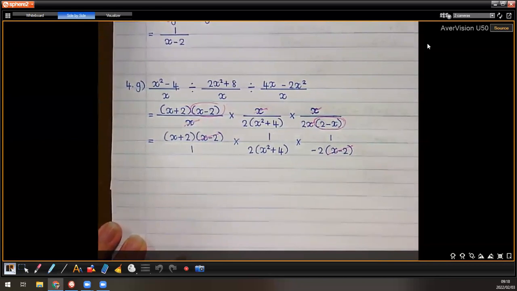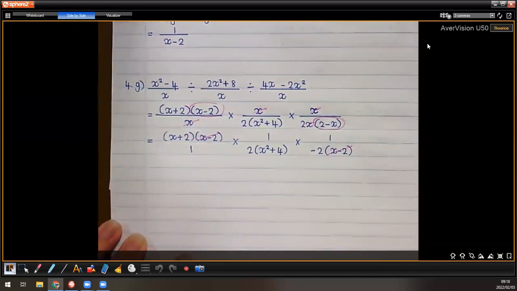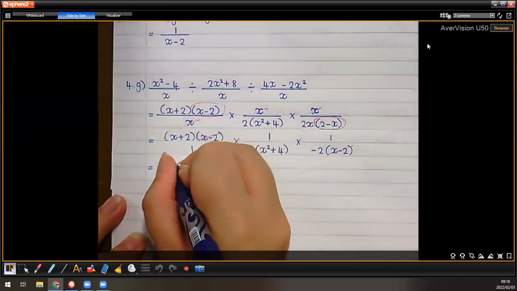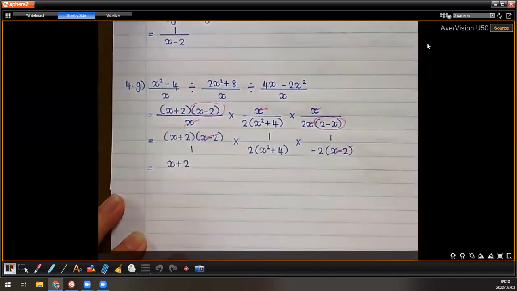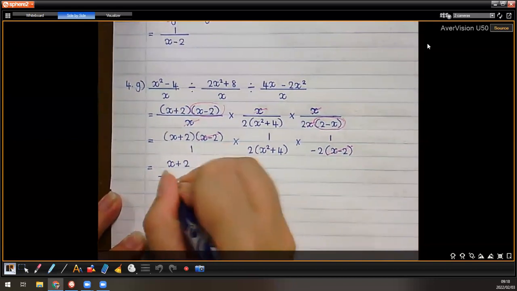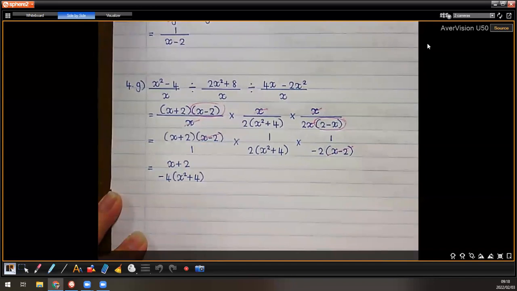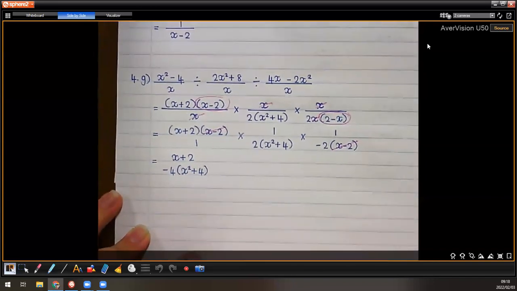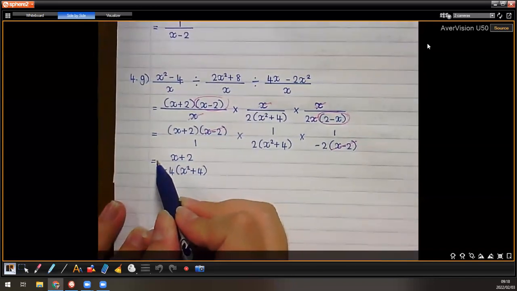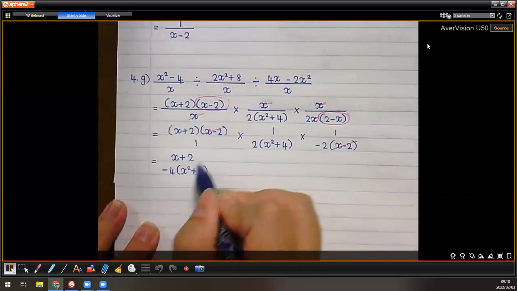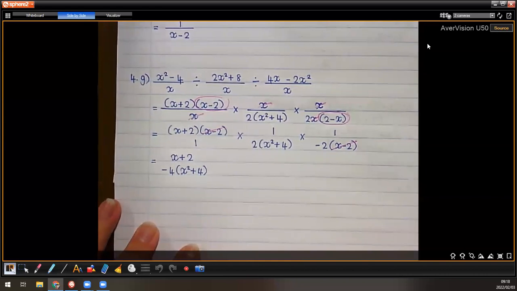Oh, you mean you multiplied it out? The bracket. You could have done it here. Yeah, okay, so I'll just show you quickly. At the top, x plus 2. At the bottom, you can leave it like that with your negative 4 and then your bracket x squared plus 4. That's what I was saying. Or you could have multiplied it in. Or guys, you could have just put this minus out front, because it's a positive term if you want to put brackets around it over a negative.